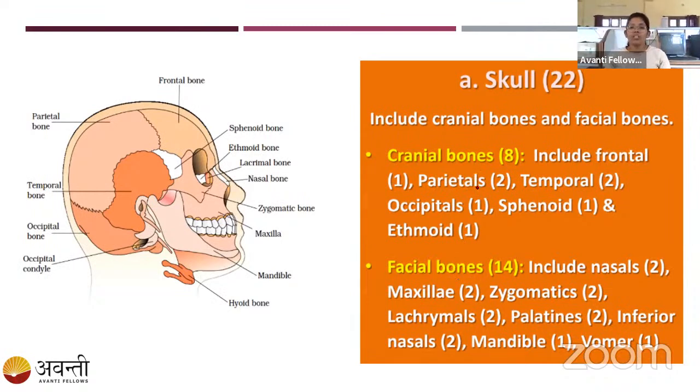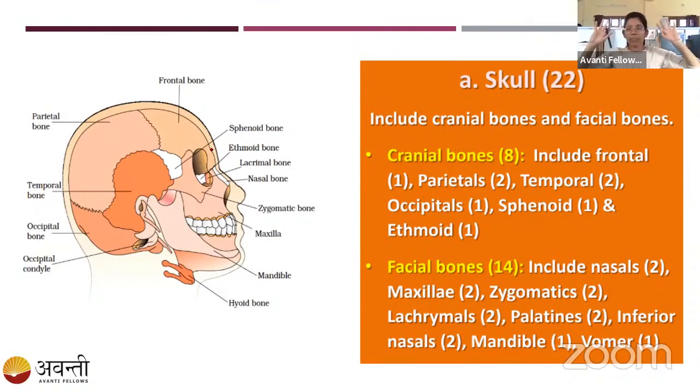So what are these 8 cranial bones? The first one is in the front, the forehead. The front one is the frontal. Only one frontal bone is there. You can also see that in the image. So frontal, and 2 parietal bones.